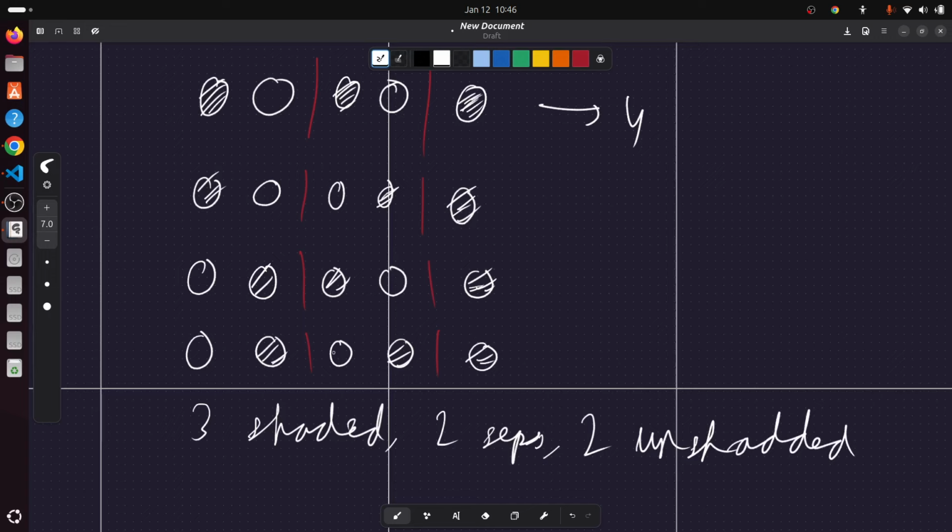You have 3 shaded balls, 2 box separators, and 2 unshaded balls like this, and you just want to arrange them.